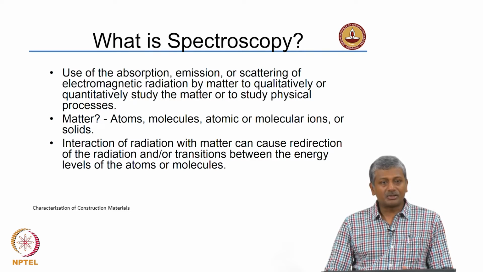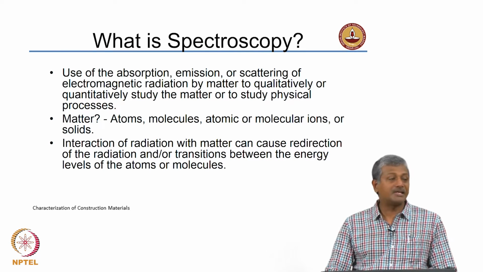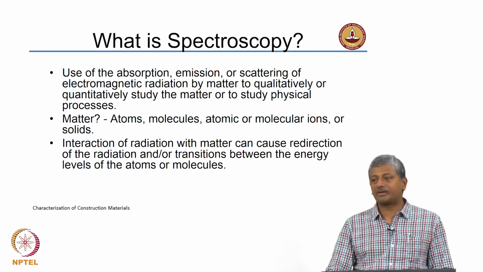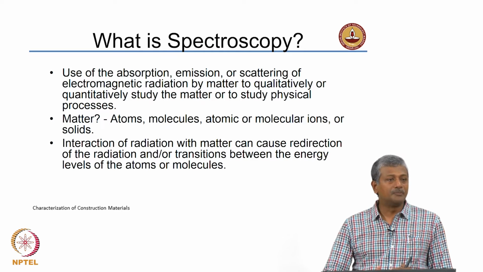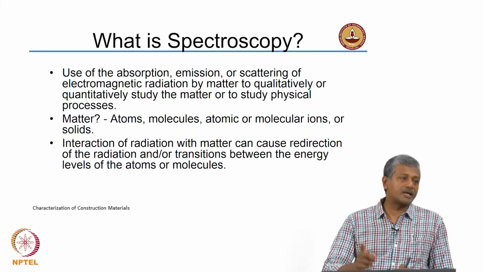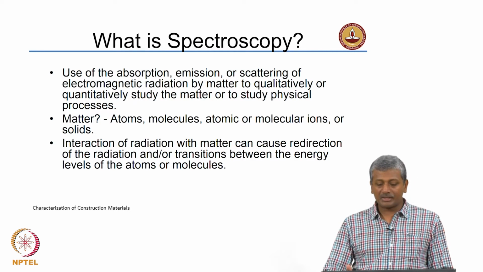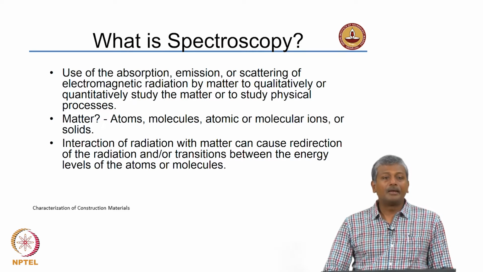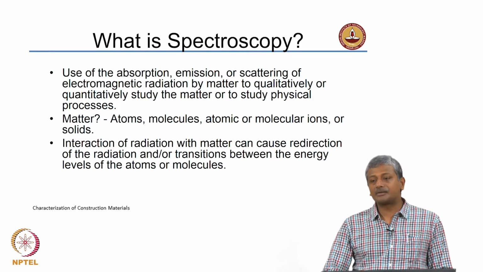So, the interaction of radiation, that is electromagnetic radiation, with the matter can cause redirection of the radiation, like you saw in X-ray diffraction. The presence of certain crystalline planes in your sample is able to diffract and produce constructive interference of the outgoing X-rays, which is captured in your detector, right. So, essentially interaction can cause redirection of the radiation, but at the same time the interaction can also cause transition between the energy levels of the atoms or molecules.